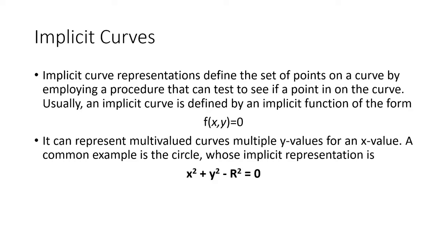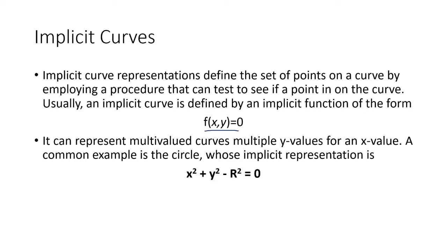An implicit curve is a curve where you have an implicit function of x comma y, and you set it to 0. Based on that value you can identify the points that lie on the curve, or alternatively generate consecutive points and draw that particular implicit curve.